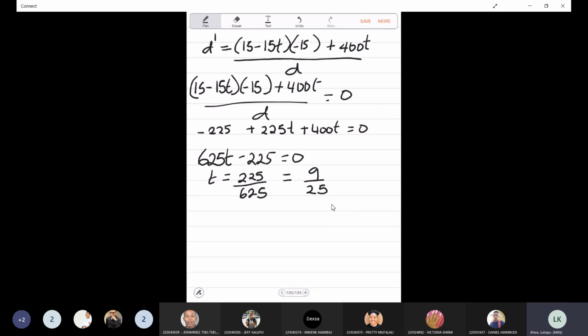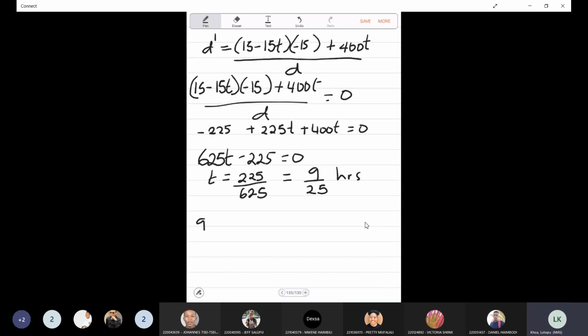Okay, so after 9/25 hours, the boats will be the closest they have been to each other. So this is in hours, and the question says at what time. So we need to convert that to minutes and then add it to 2 o'clock, because we're starting our time from 2 o'clock.